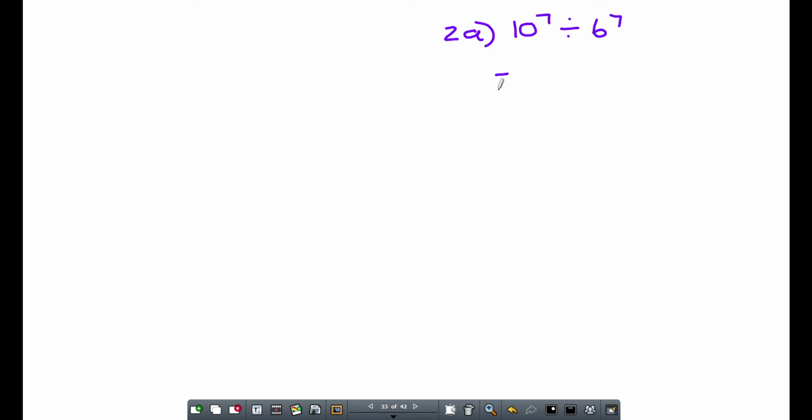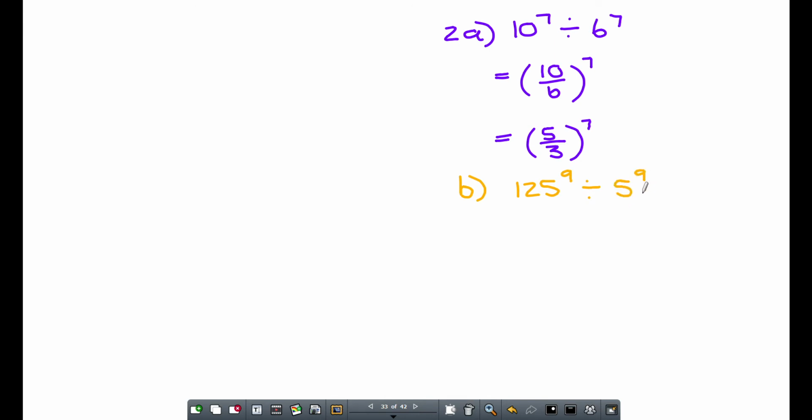Okay, so over here I'm going to put it in brackets, 10 over 6 to the power of 7, and that can be simplified to 5 over 3 to the power of 7. Again, it must be in brackets. Okay, 125 divided by 5 to the power of 9. So I'm going to write that in the form of a fraction.